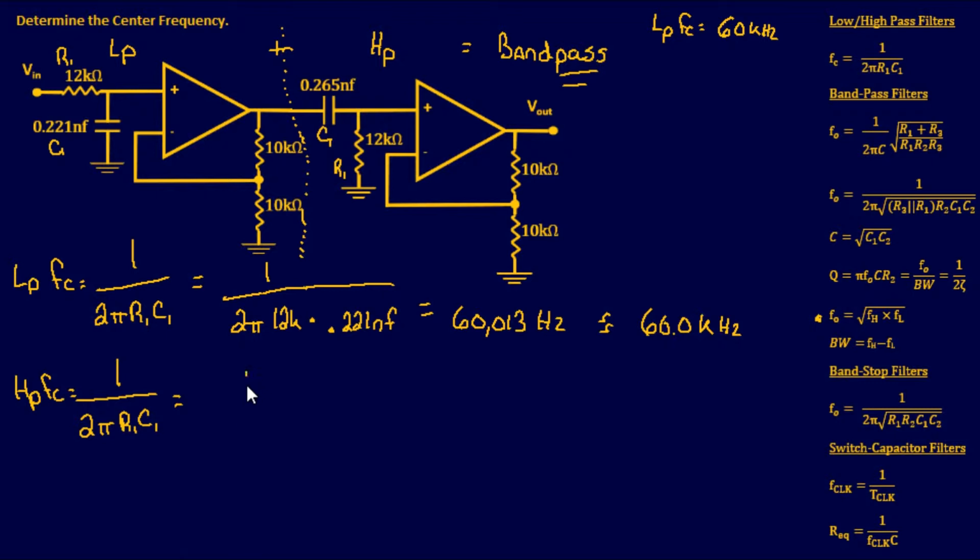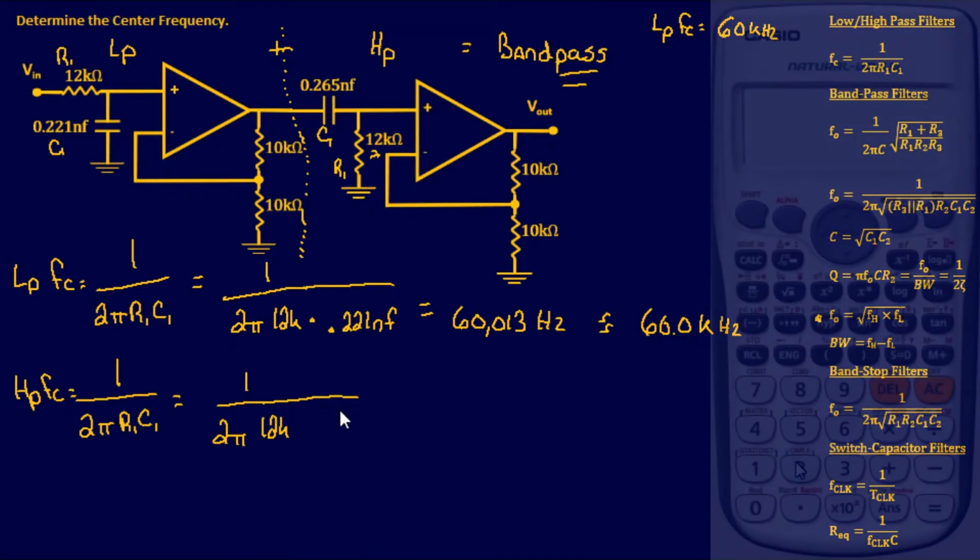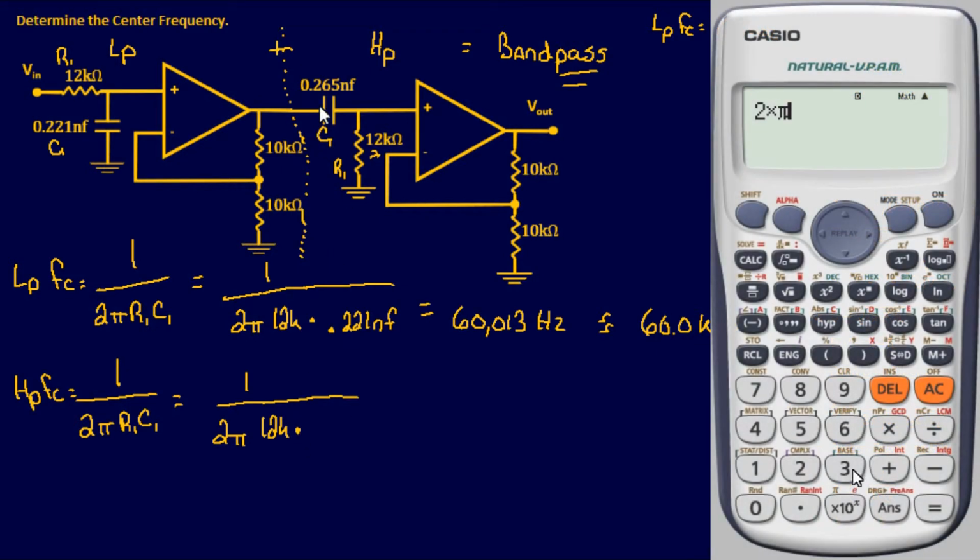All right, moving on. So it's 1 over 2 pi, and we have R1, which is 12K, times, and for this capacitor, it's 0.265 nanofarads. And this is simple. I can just plug and chug this one in our calculator as well.